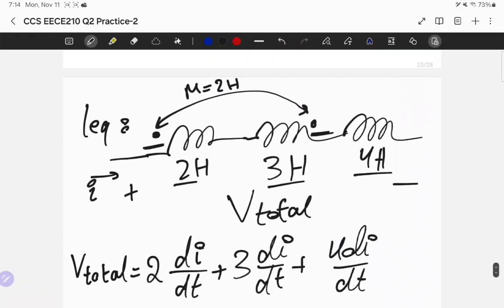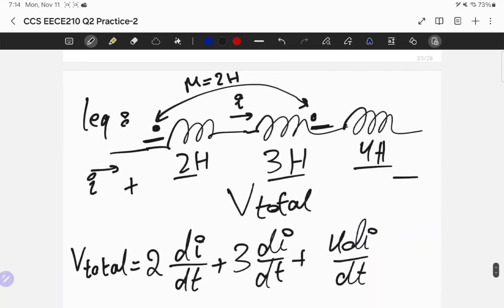But now I need to include the mutual. Now let's include the mutual inductance caused by the 2 Henry inductor. So I go from the 2 Henry to the 3 Henry and notice what I get. So I have I flowing like this. So I need this current to flow into the dot. So how can I make it flow into the dot?